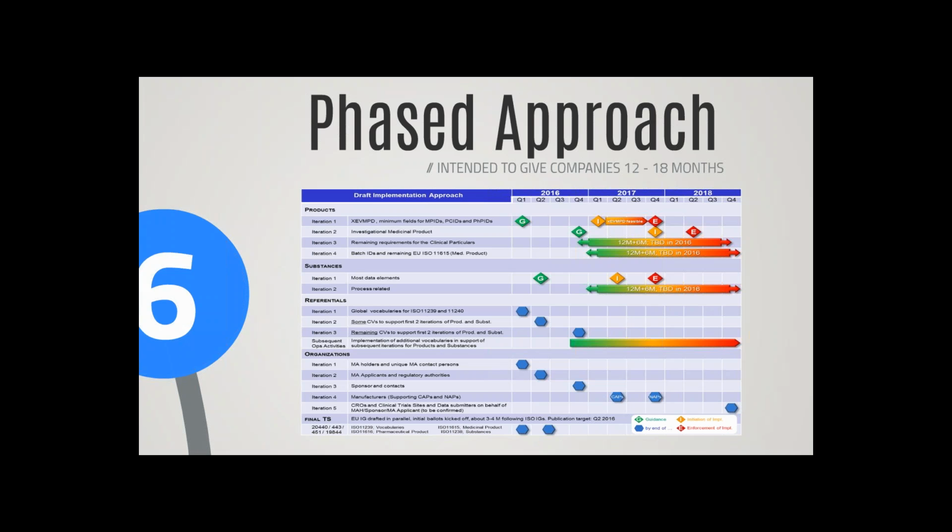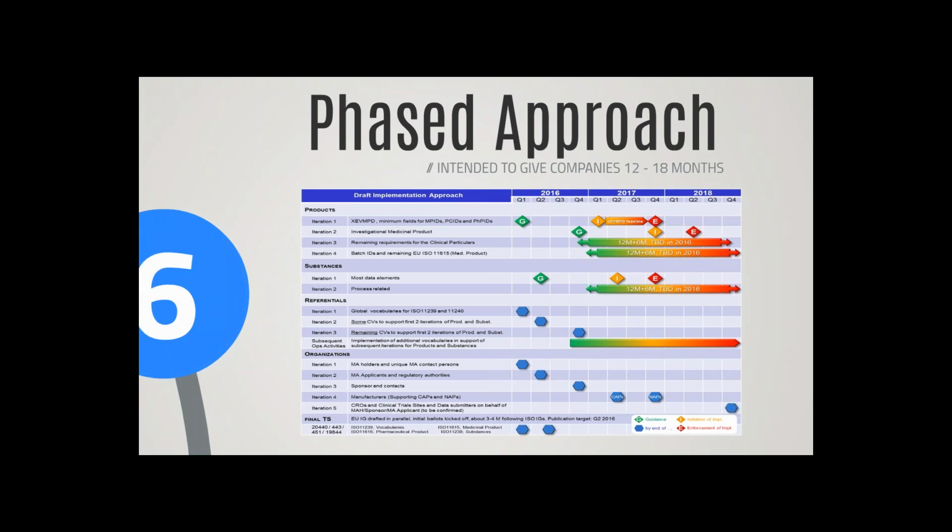The investigational medicinal product will then follow in 2017, and in iteration 3 the remaining requirements for the clinical particulars will be requested. When this will happen is not yet really clear at the moment. So that is this blurry, so to say, timeline spanning 2017 and 2018.